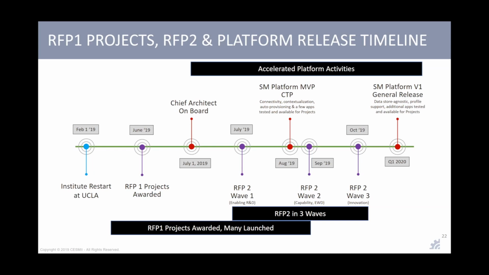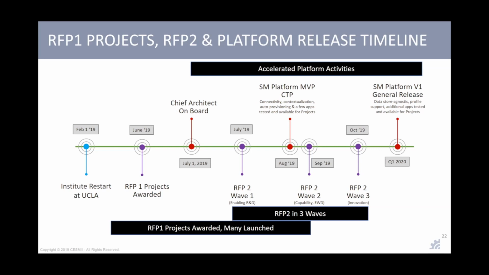as we speak here. We've initiated the first wave of the RFP 2, which is also the bottom part of the slide. And then soon, in the next couple of months, we'll have the other 2 waves of the RFP coming in. Some of these waves are tied to the activities that are taking place in the platform world.